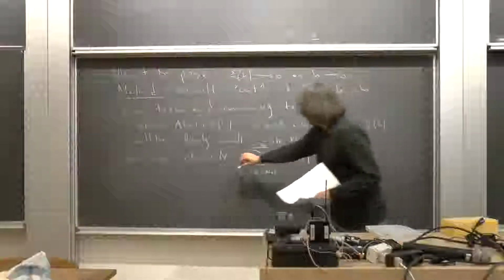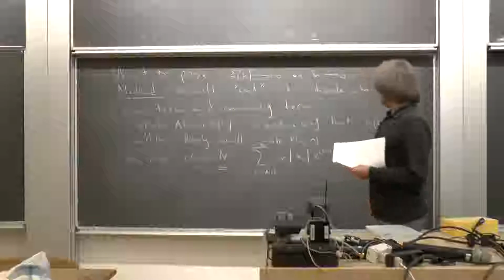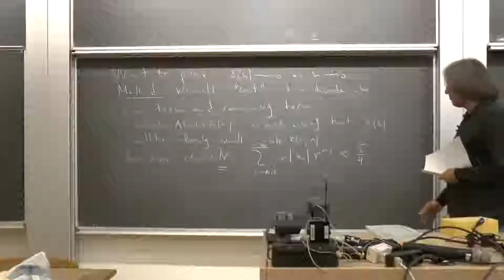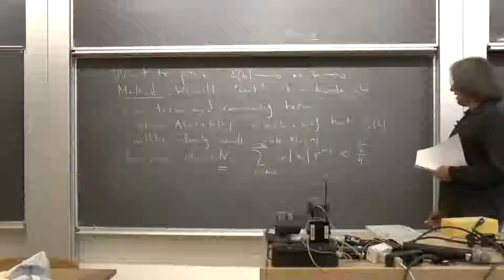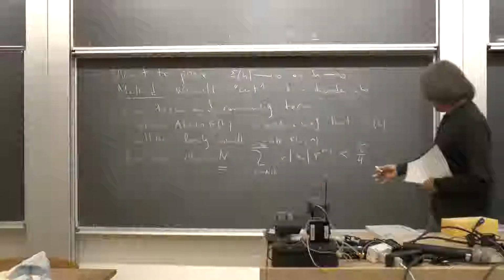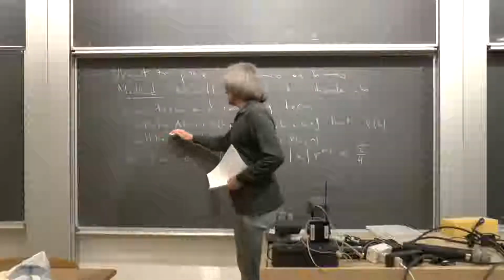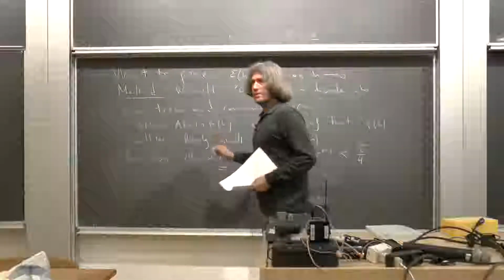This choice of N is possible because convergence is absolute for the derivative, for the potential derivative, and this N allows us to divide epsilon into a and b. That's what we'll do.